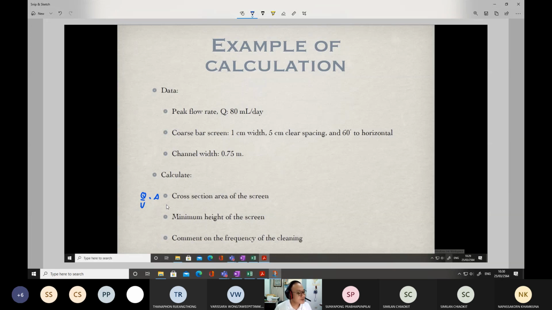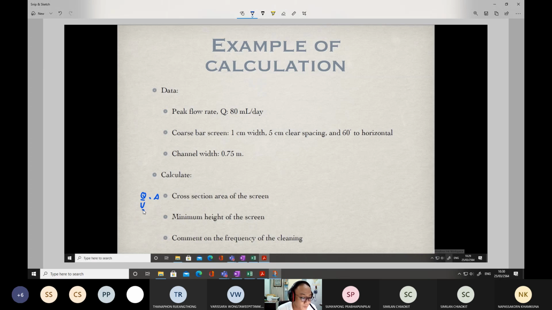But for the screens, there are some certain criteria, as I mentioned. These are suggested values for engineers to use for designing the screens. If you want to determine the cross-sectional areas of the screens, we already have the criteria for the velocities.